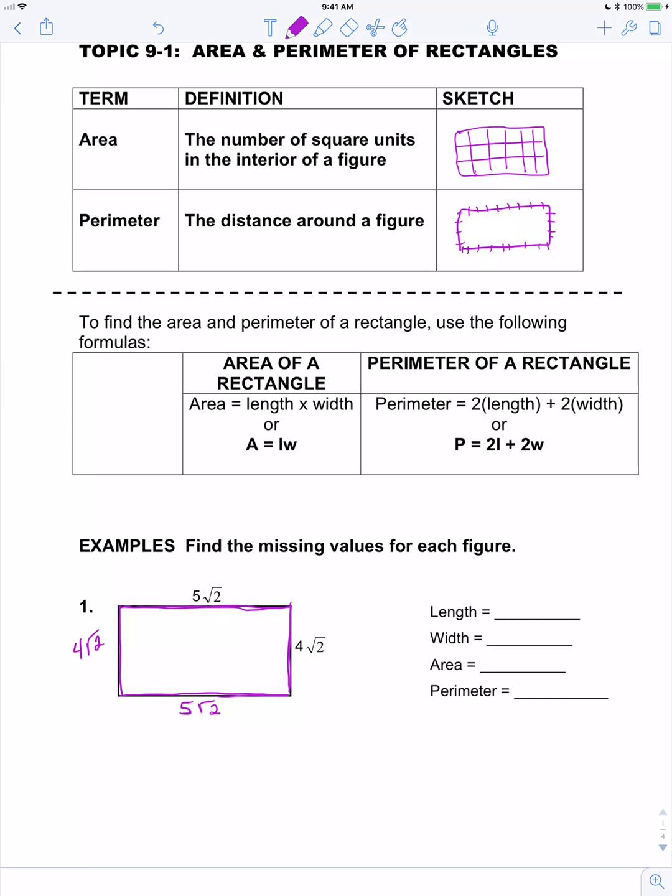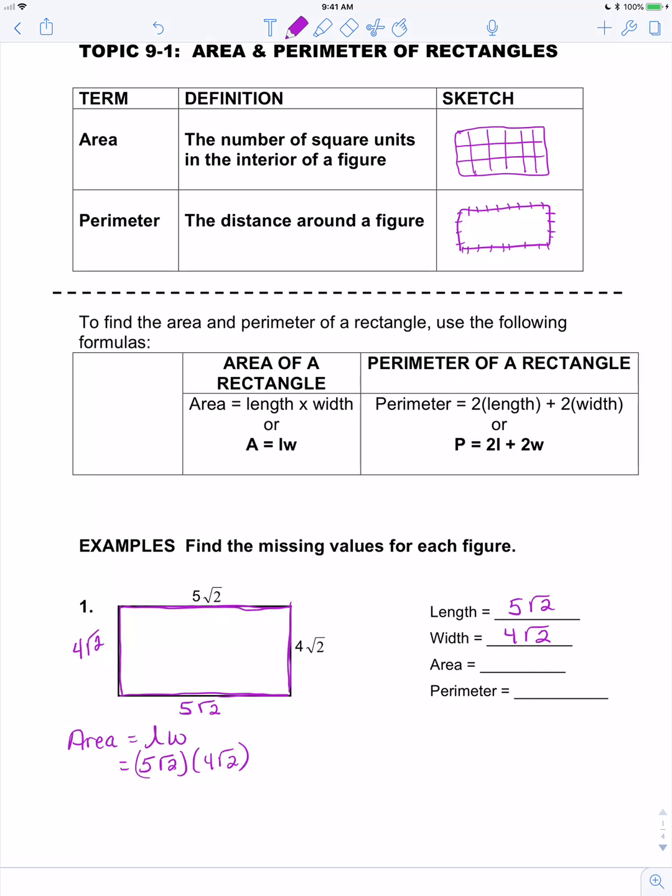So length here is going to be 5 square roots of 2. The width is 4 square roots of 2. So remember, to find the area, the formula is length times width. So we're going to multiply the length, 5 square roots of 2, times the width, 4 square roots of 2.